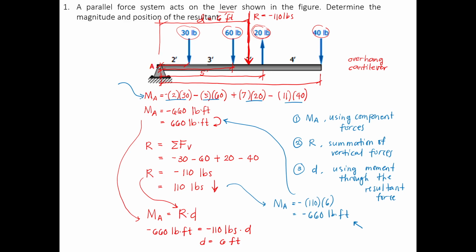This one here is using the forces and the distances of the component forces. So it leads to the same answer for the moment. One is using individual component forces, and the other is using the sum force, the resultant force, with its moment arm.